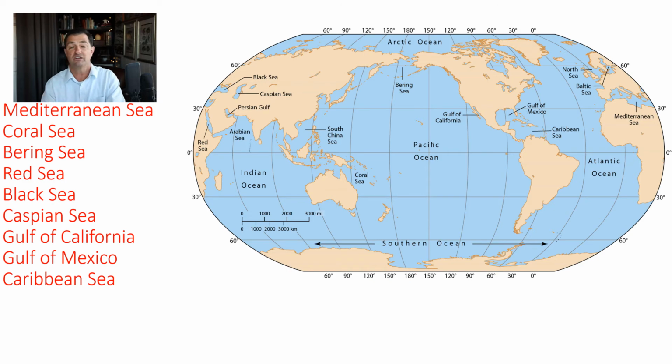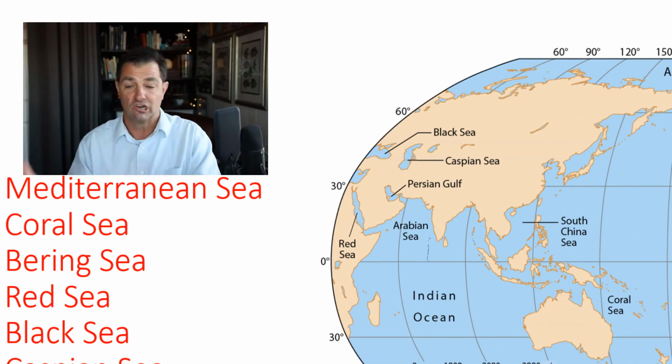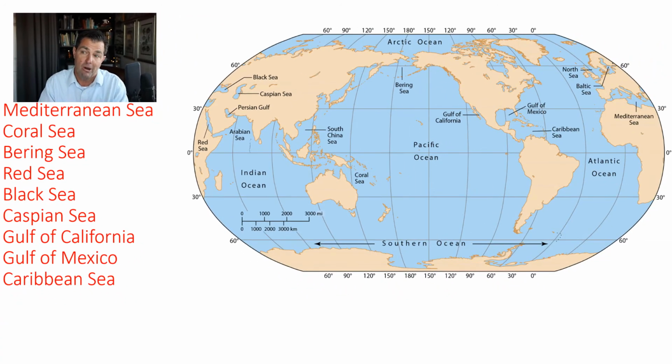And some of them are entirely surrounded by land. For example, the Caspian Sea is the largest lake in the world, but it's actually a saltwater lake, and therefore it's a marine environment. So some of them are entirely surrounded by land, but that's how we'll use it here. And as long as you know those, that'll make sense as we go throughout the class when we talk about different locations where animals are.